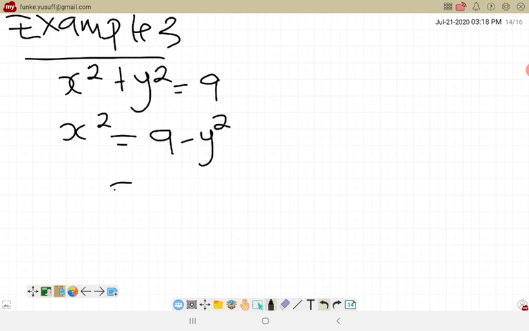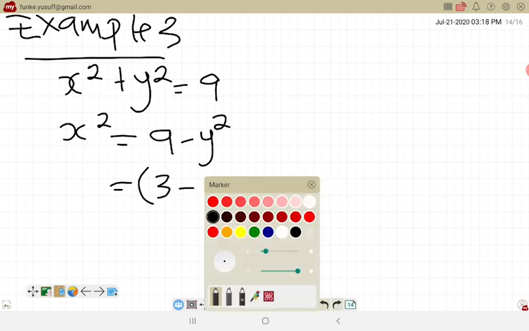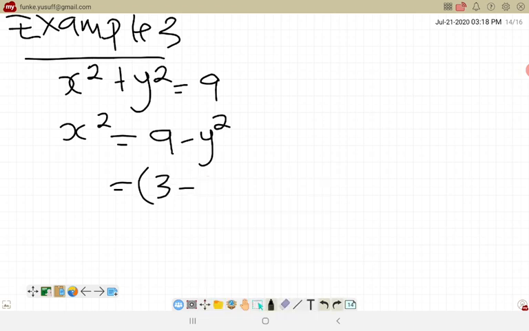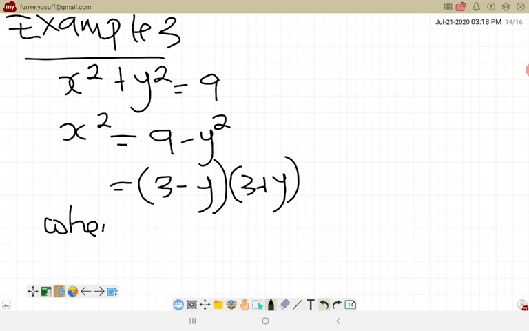If you factorize this, you get (3 minus y)(3 plus y). So when x equals 0, you have y equals 3 or minus 3.